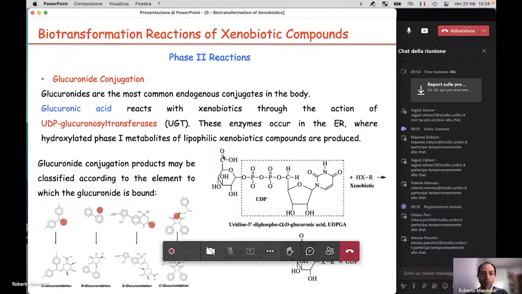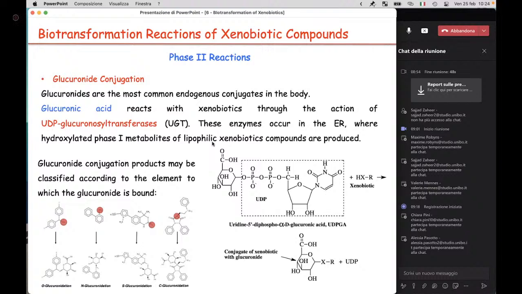So in fact it is called glucuronide. The gluc part means the molecule comes from glucose.